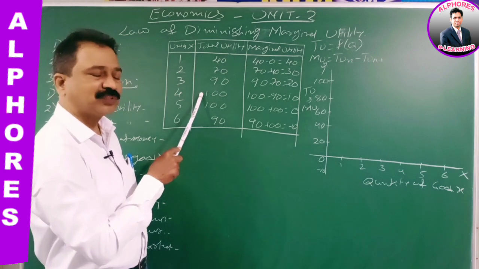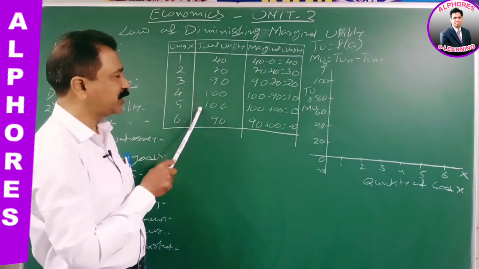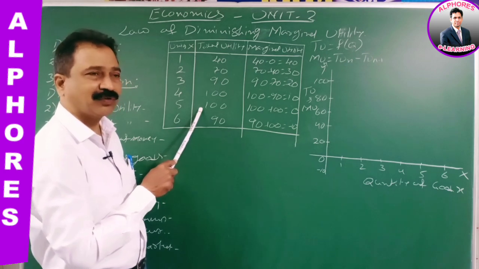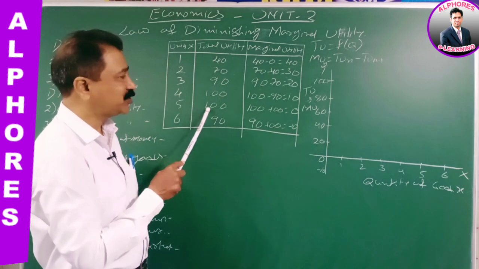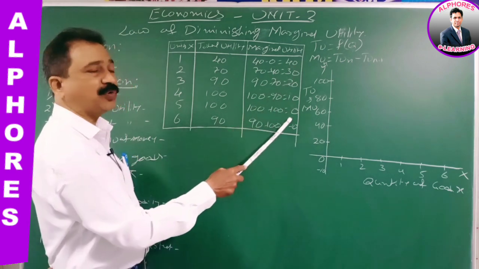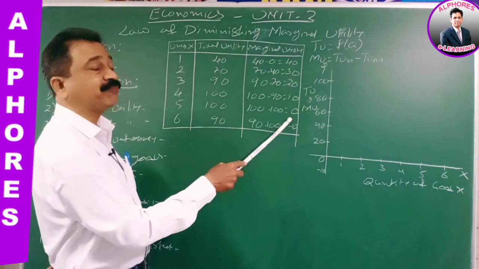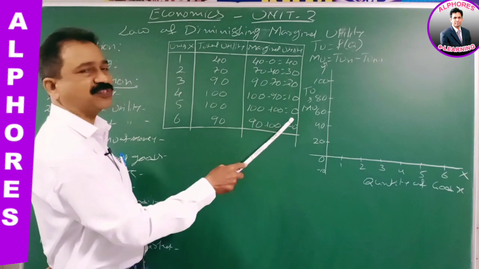Fourth one, you said, enough, please, I don't want any more. But they forcefully made you eat the fifth one. You will say, I'm feeling a little bit of a vomiting sensation. But still they force you, that's why you didn't get any additional marginal utility, additional satisfaction. So the additional satisfaction is continuously decreasing.